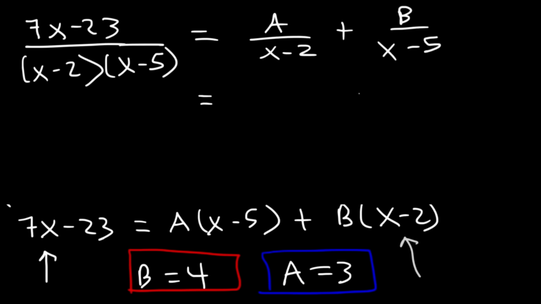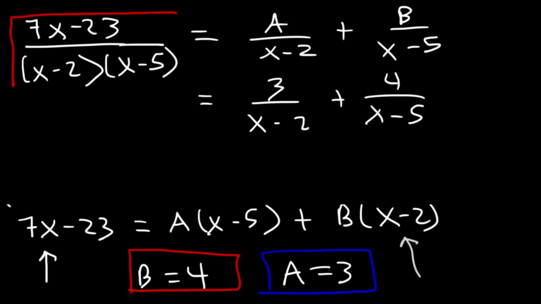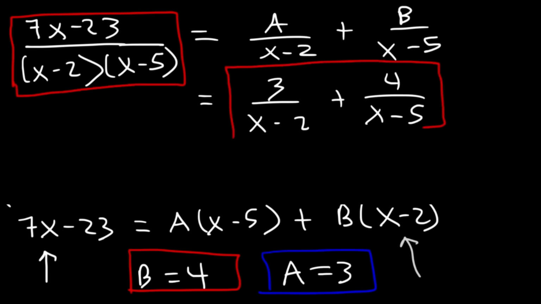Now we have the value of a. a is 3, and b is 4. So therefore, we can see that this fraction is equal to 3 over x minus 2 plus 4 over x minus 5. That's the answer.